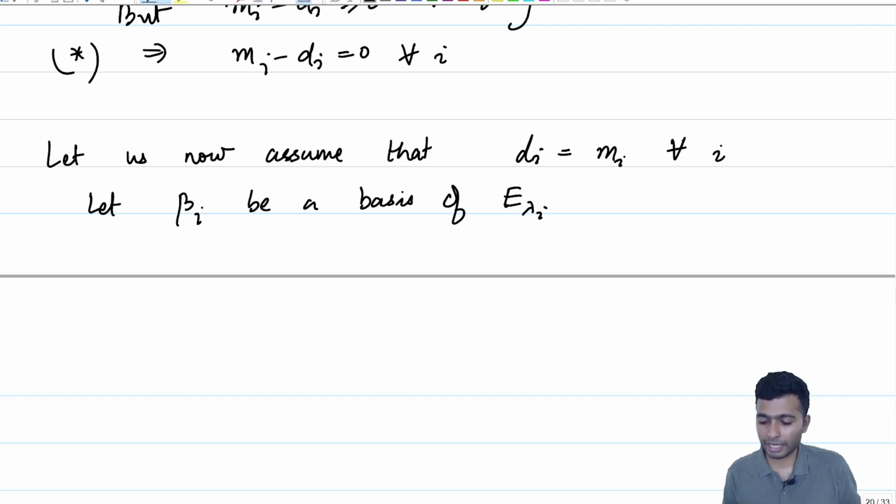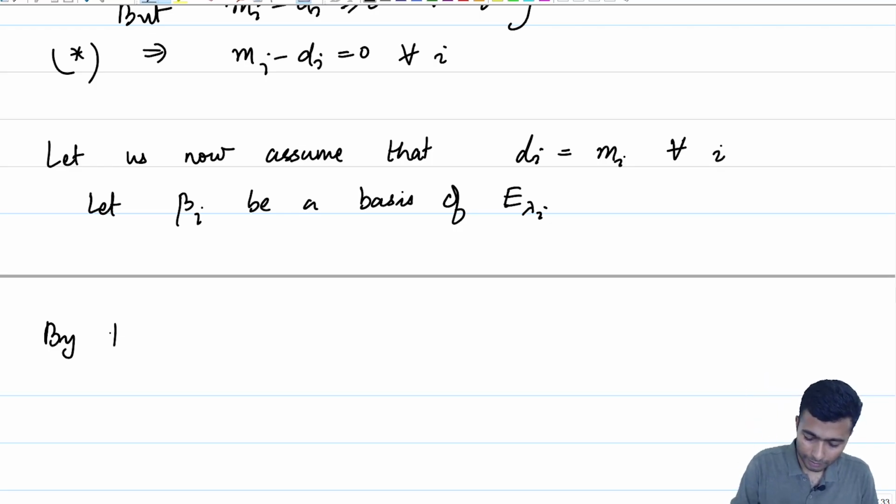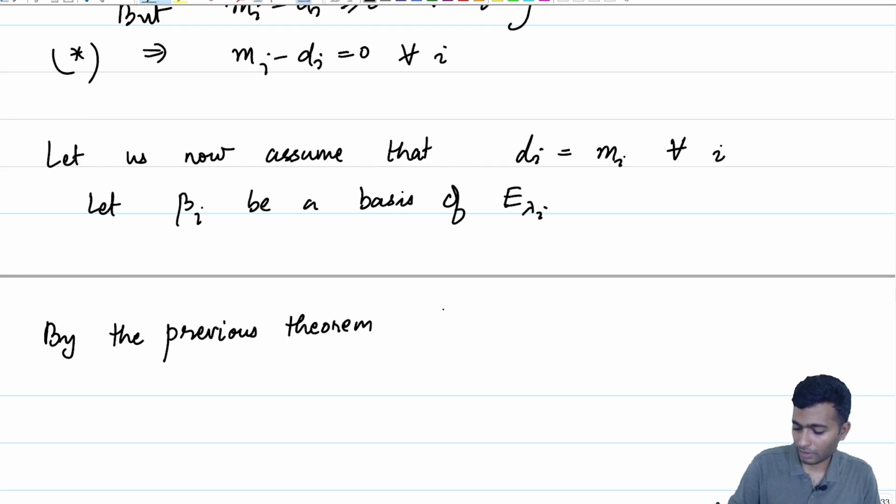We know that beta i has size di, and by the previous theorem, beta is equal to beta 1 union beta 2 union up to beta k.